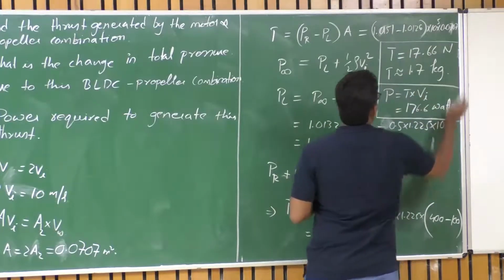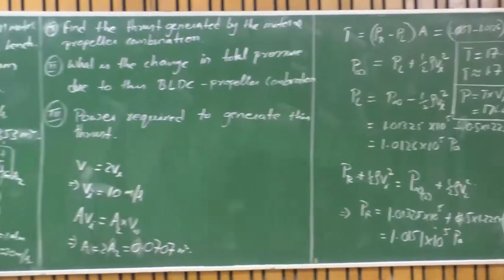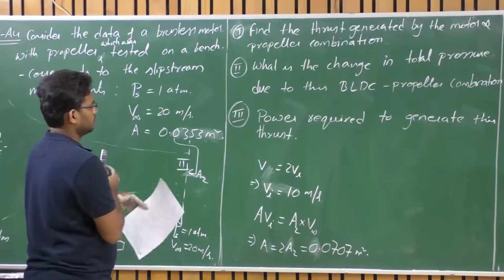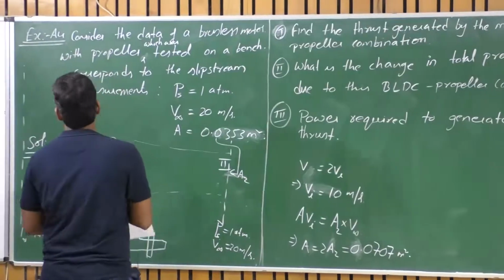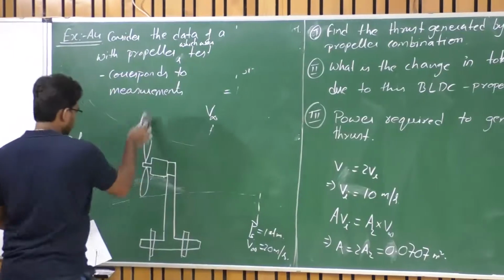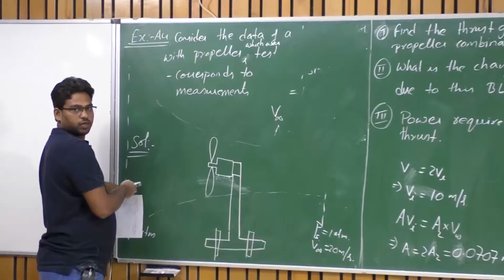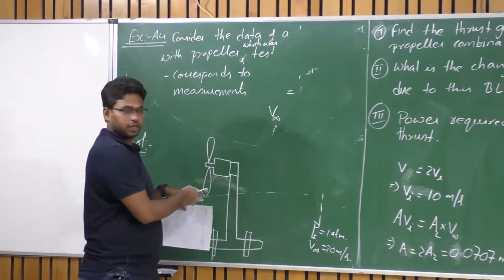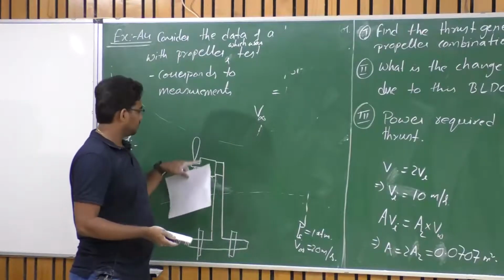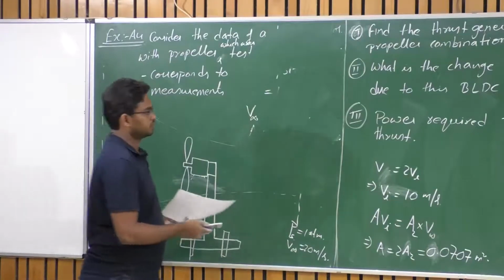This is the answer for the first question, right? Am I correct? So what is the change in the total pressure? What is the total pressure ahead of the disc? Total pressure ahead of the disc is nothing but atmospheric pressure here, right? So 1 atmosphere, and total pressure behind the disc is PR plus half rho V square. Am I correct or not?